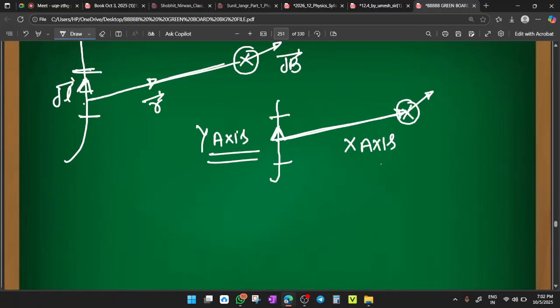I mean to say the direction of dB vector is in the perpendicular plane. Clear?